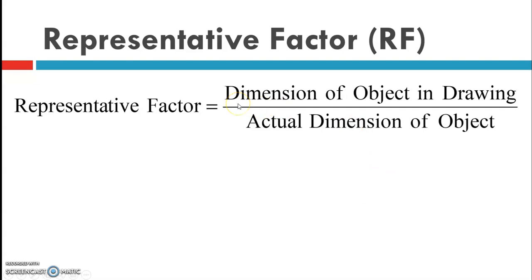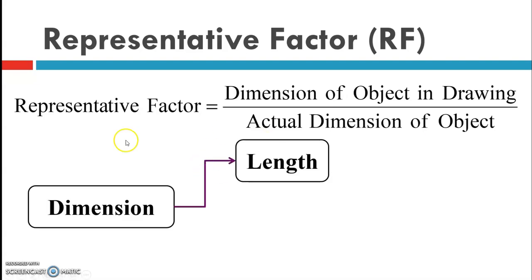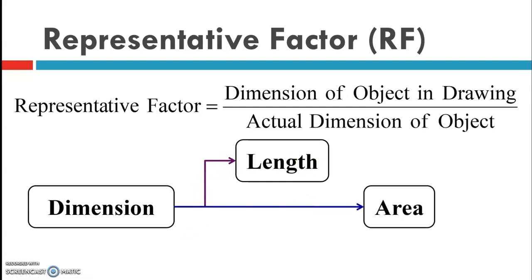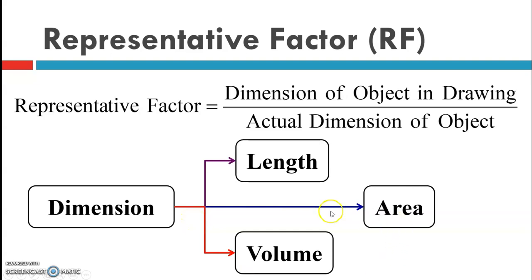So representative factor, again we know it is the ratio of dimension of object in drawing to actual dimension of object, and we know that generally dimensions are considered as length, but it is not the case all the time. So dimensions can be represented as length, or sometimes in numericals dimensions are given in area also, or sometimes in volume also.